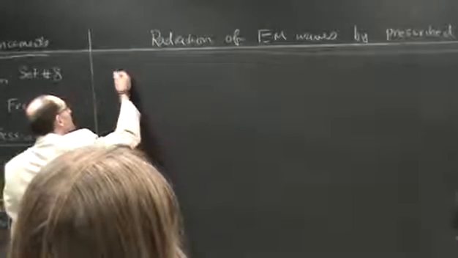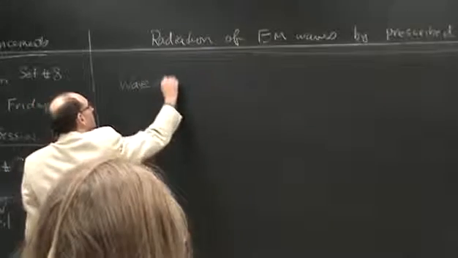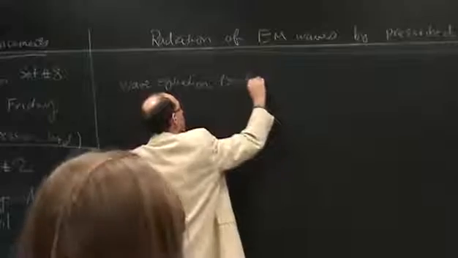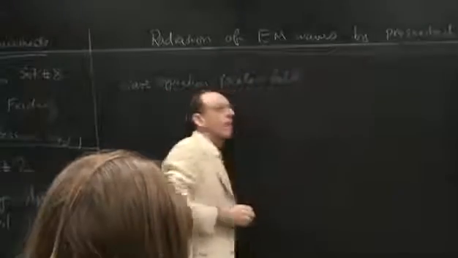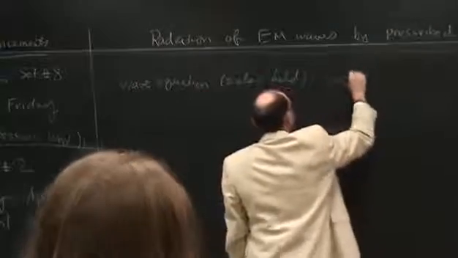So to do that, let's first think about the wave equation. Let's just, for the moment, think about it for a scalar field. Let's forget about the vector nature of the wave for the moment, with the source.